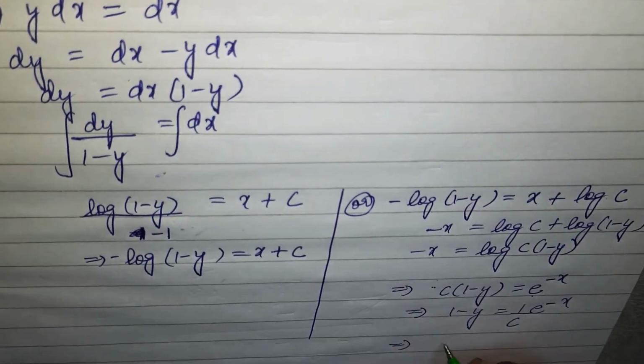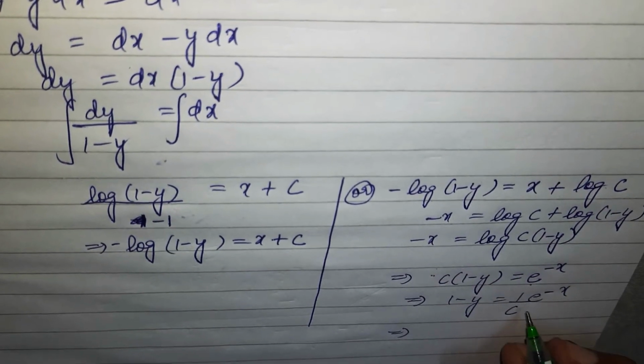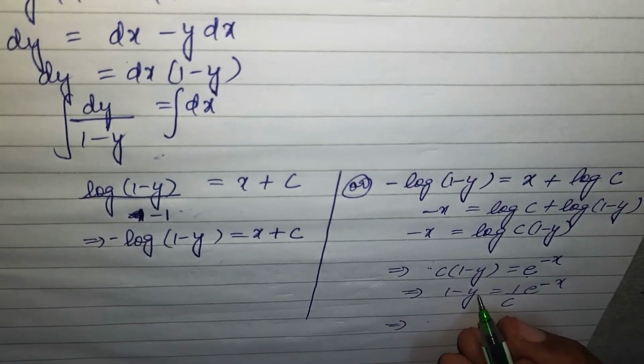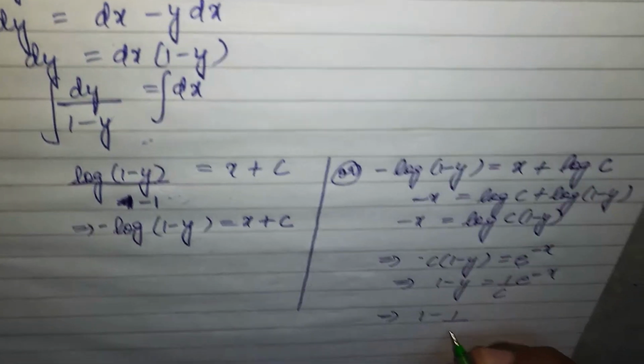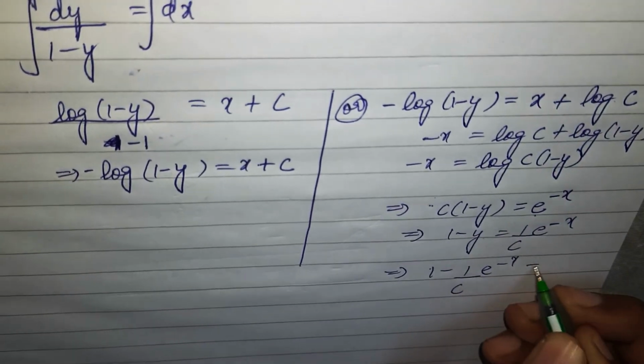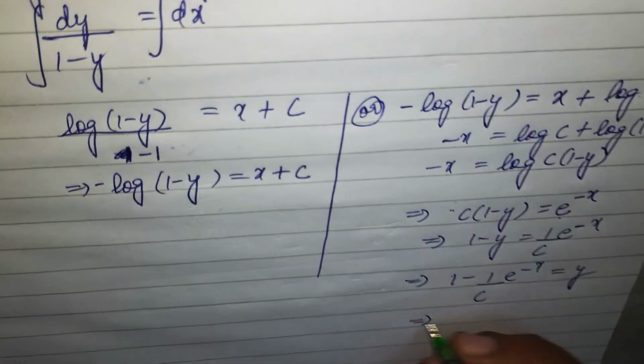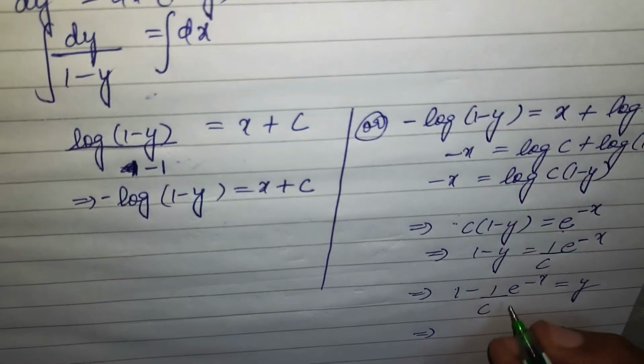Then after that, if I take y here, it will become 1 minus 1 upon c e raised to the power minus x is equivalent to y, and 1 upon c can also be written as some constant term.